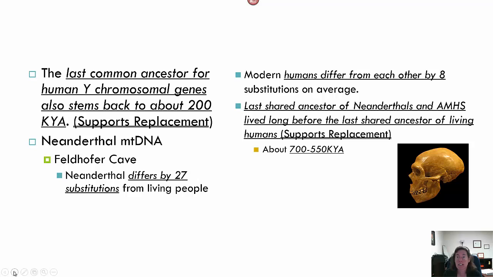Modern humans differ from each other by 8 base substitutions on average, so Neanderthals are more than 3 times more different from modern people than humans are from other humans. So the last shared ancestor of Neanderthals and anatomically modern Homo sapiens probably lived long before the last shared ancestor of living humans, sometime around 700 to 550,000 years ago.